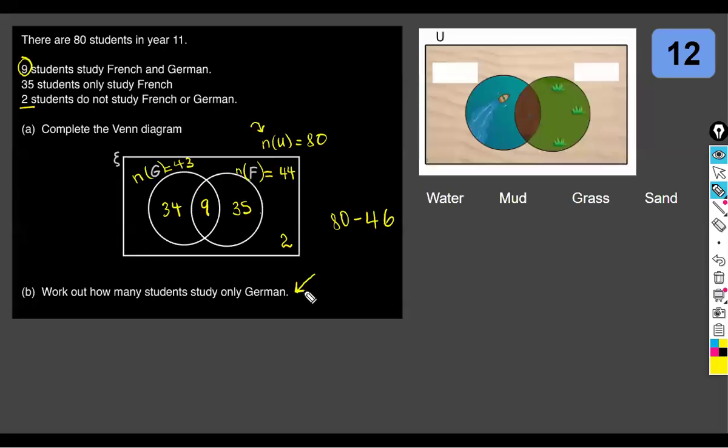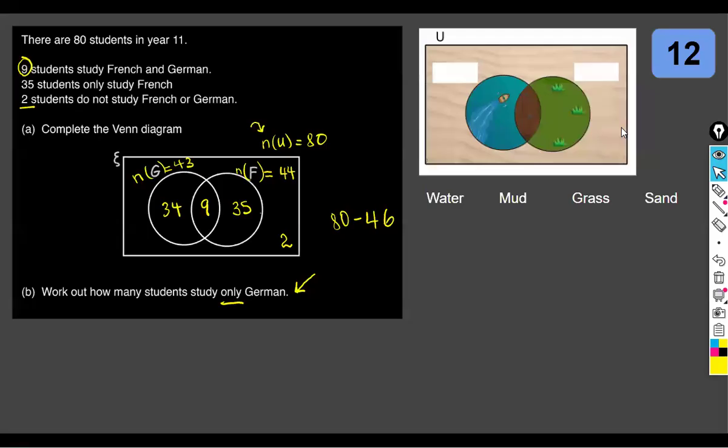Work out how many students study only German. If they phrase it like this, only, are they referring to the whole German circle or just the 34? Are they referring to the 43 or the 34 in a case like that? And we have more than one example today, guys.